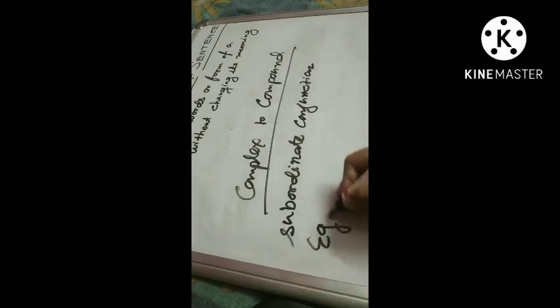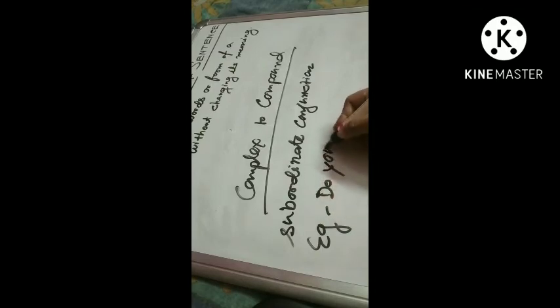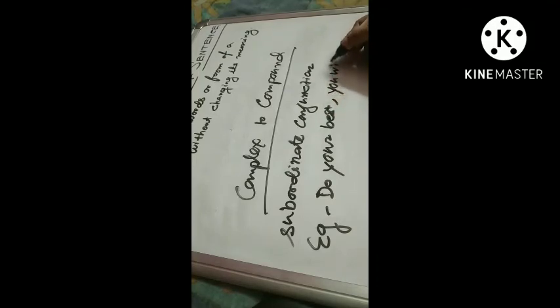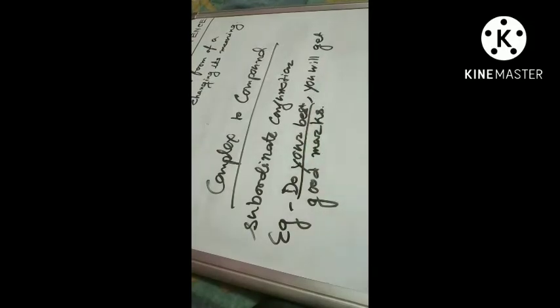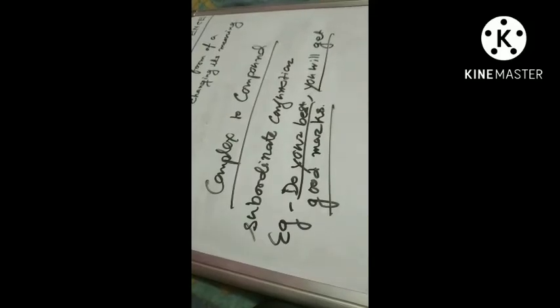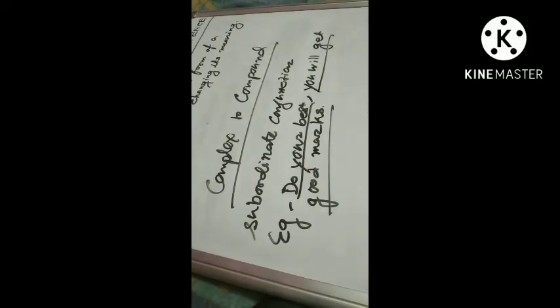So, for example, do your best, you will get good marks. Do your best is an independent clause, and you will get good marks is also an independent clause. Both are independent clauses. It is a compound sentence.